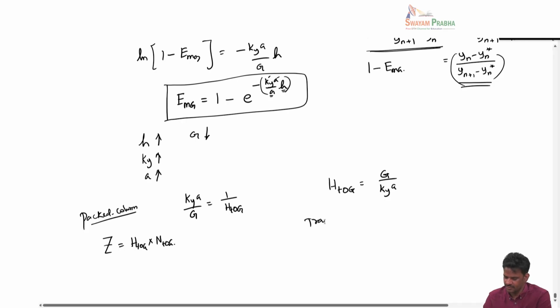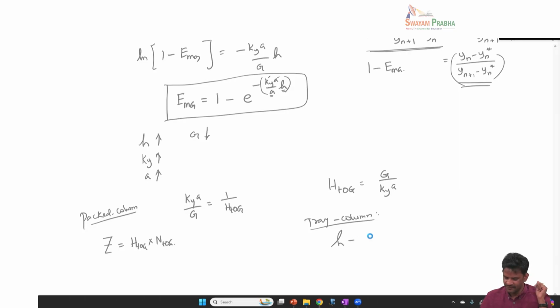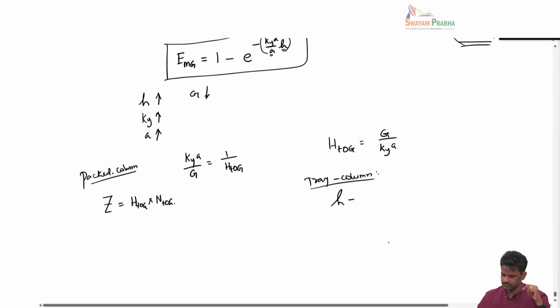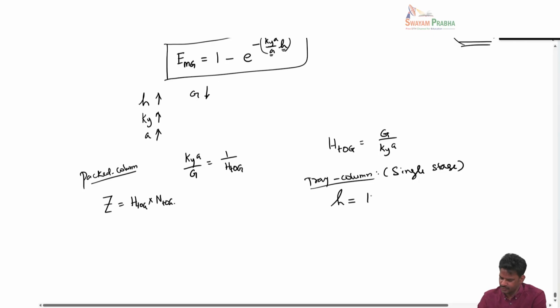Suppose for the tray column, we write the height of a single stage h. For a single stage, I can write the height similar to the packed column, because within a single stage the contact is continuous.